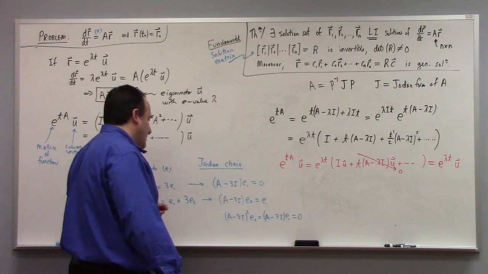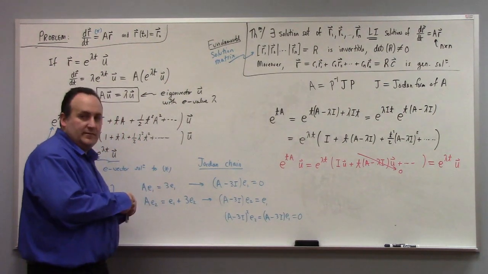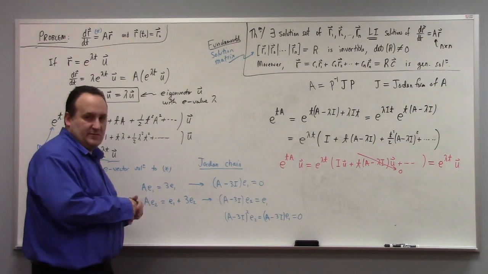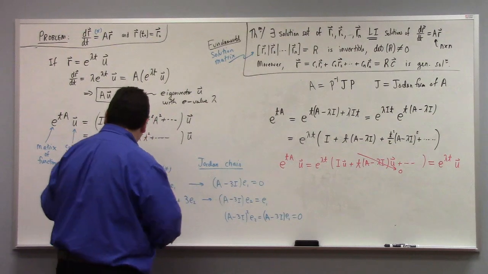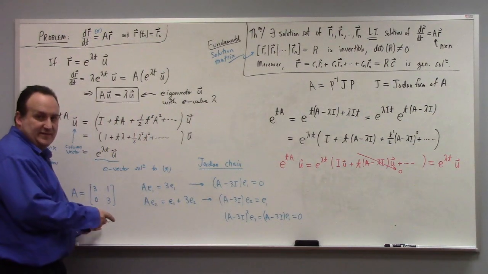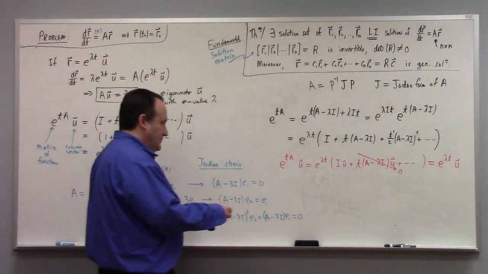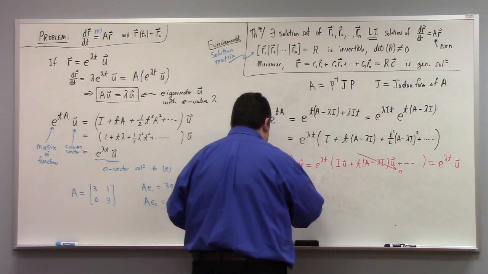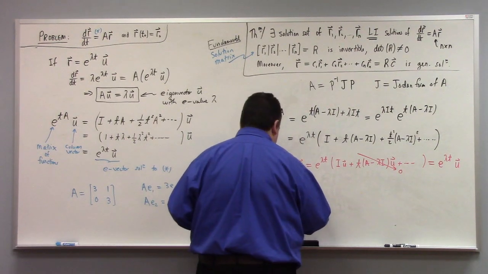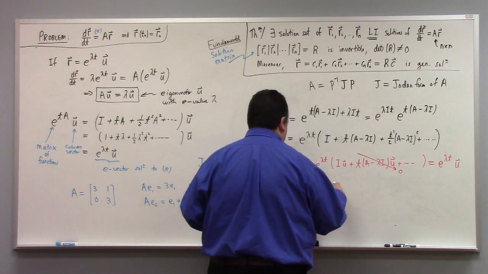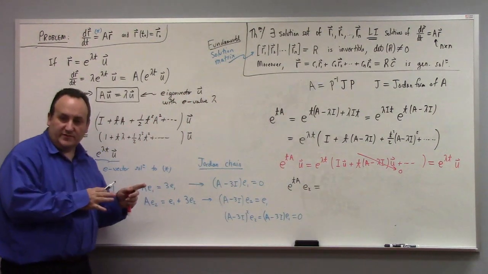What's neat is that if you have a Jordan chain, it works in conjunction with the magic formula. So for this matrix A right here, if I do e to the tA times, let's say, e2, what happens to it? For this one, I'm going to use the eigenvalue.